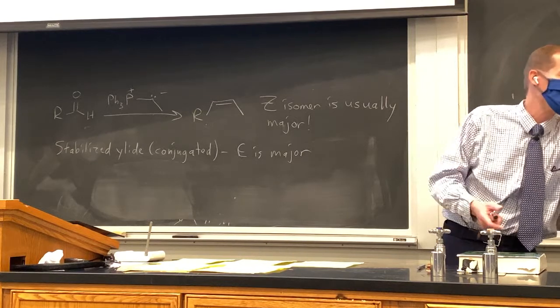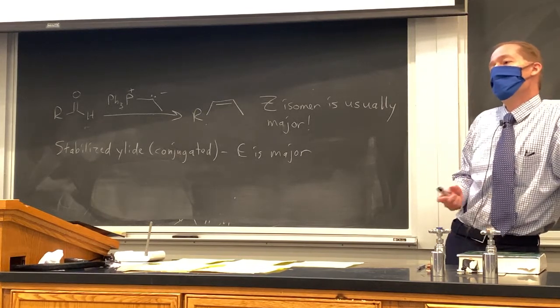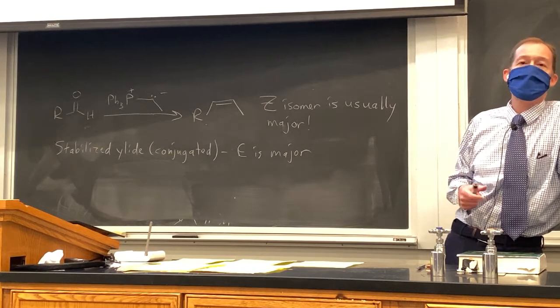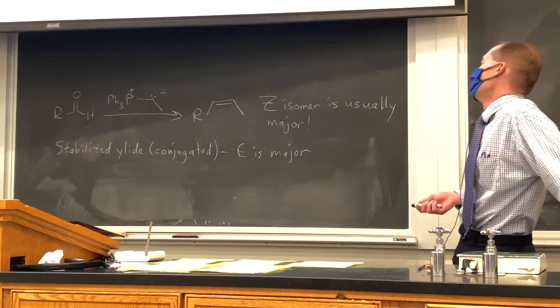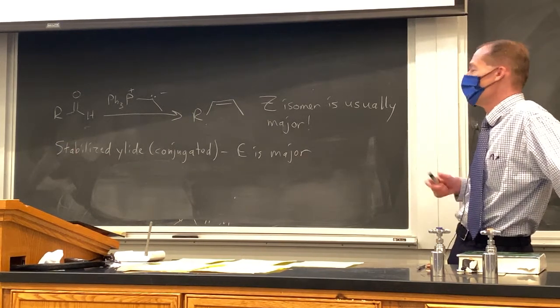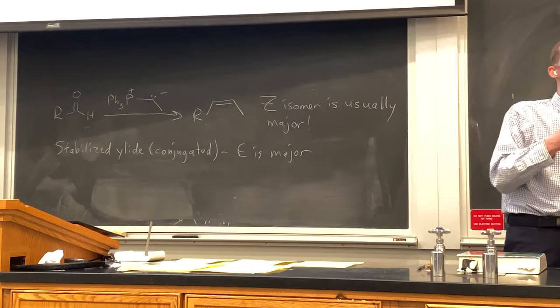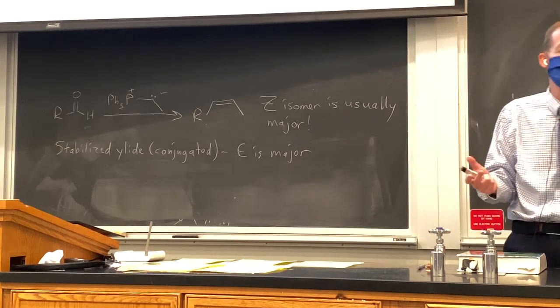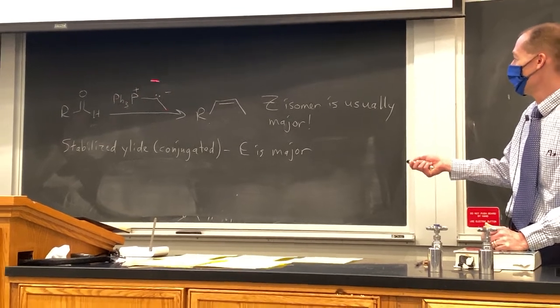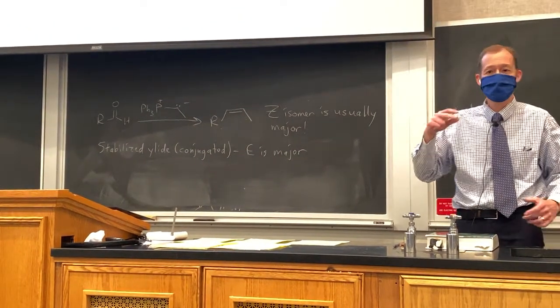most Wittig reactions. There's one type of Wittig reagent that favors the E isomer, and that is a Wittig reagent known as a stabilized ylide or a conjugated ylide. We have our two different resonance structures that we can draw of our Wittig reagents. We have the one with the negatively charged carbon that has a lone pair.